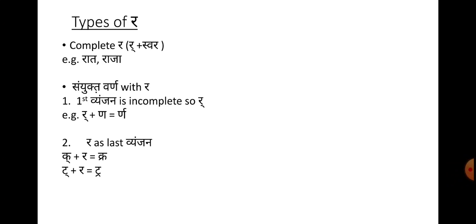So in Sanyukta Varna, when R is the first Vyanjan, R is incomplete, and while writing such Sanyukta Varna, we add a C-like shape on the top of the Vyanjan, like in rna here. Another type of R in Sanyukta Varna is when R is the last Vyanjan, complete Vyanjan in Sanyukta Varna.